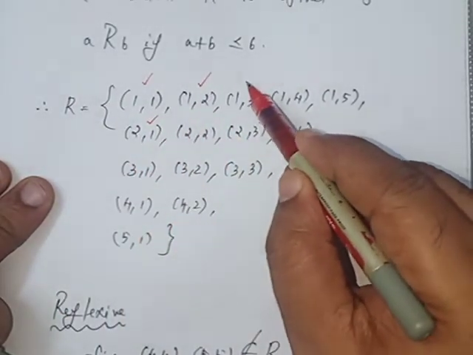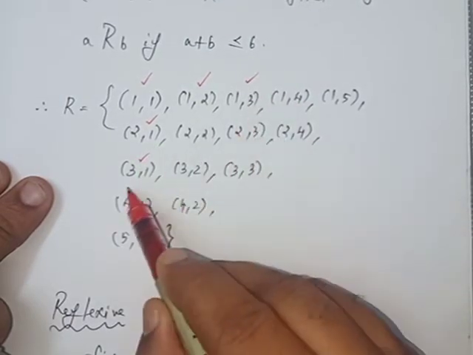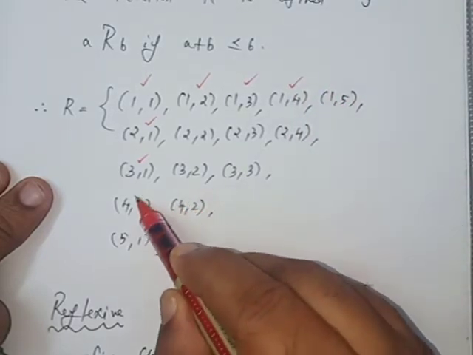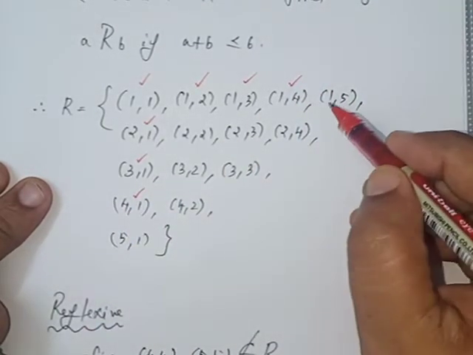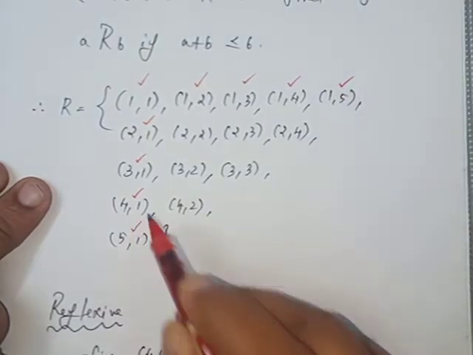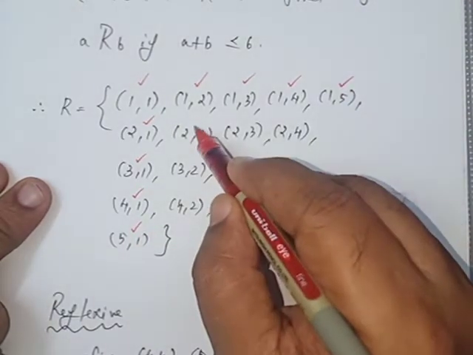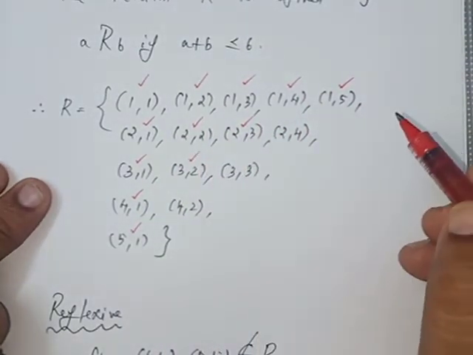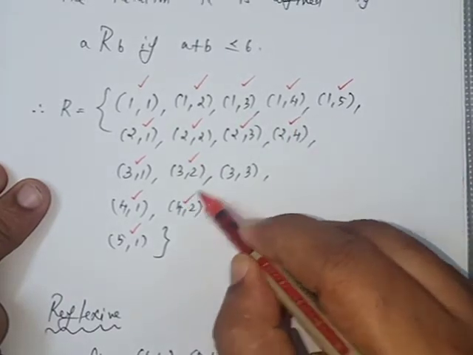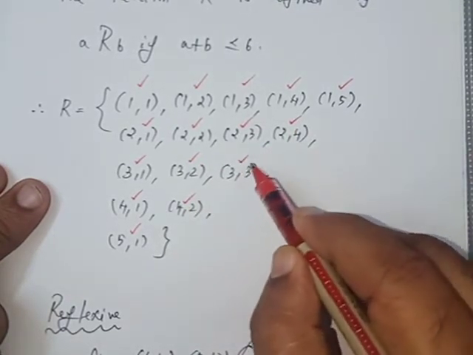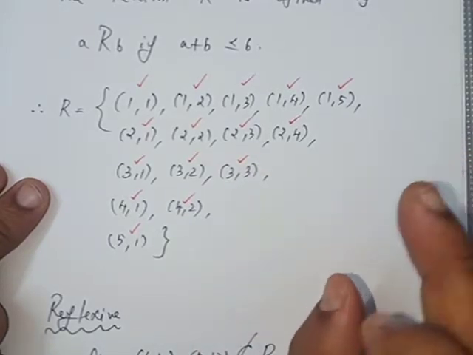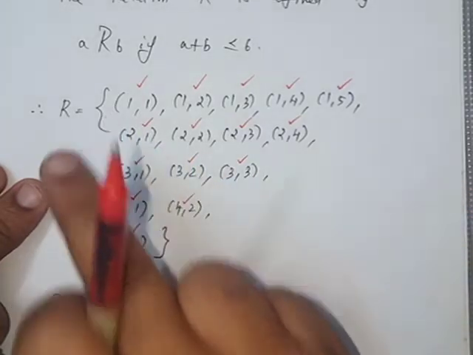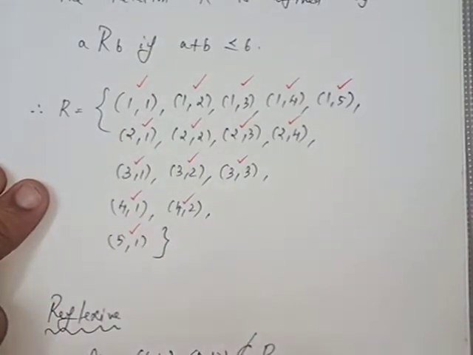For 1 comma 3, the reverse is 3 comma 1. 1 comma 4, reverse is 4 comma 1. 1 comma 5, reverse is 5 comma 1. Then 2 comma 2, reverse 2 comma 2 only. 2 comma 3, reverse 3 comma 2. 2 comma 4, reverse 4 comma 2. And 3 comma 3, reverse 3 comma 3 only. Yes, for every a comma b belongs to R, b comma a also belongs to R. Therefore, R is symmetric.